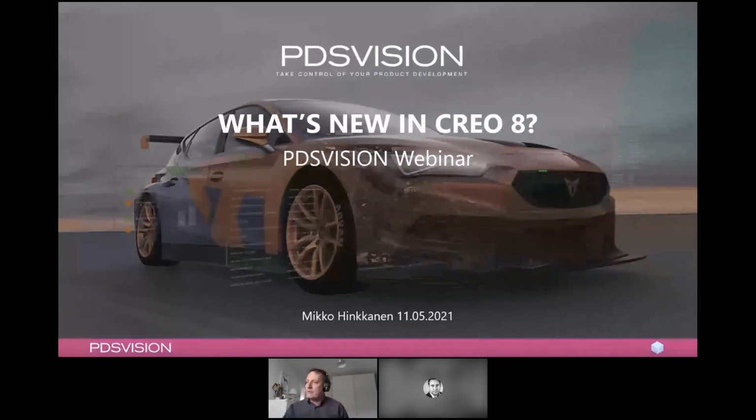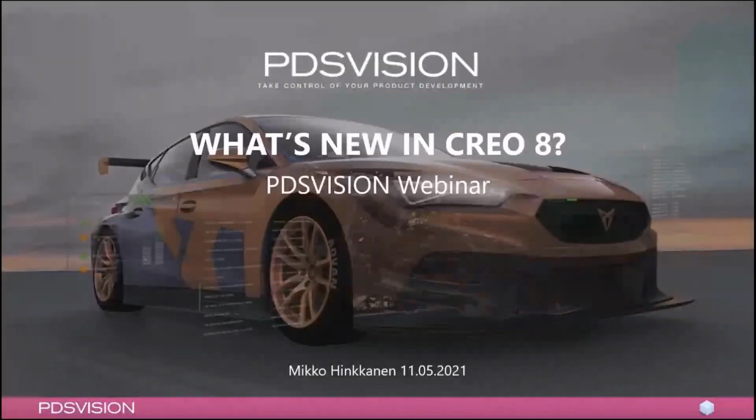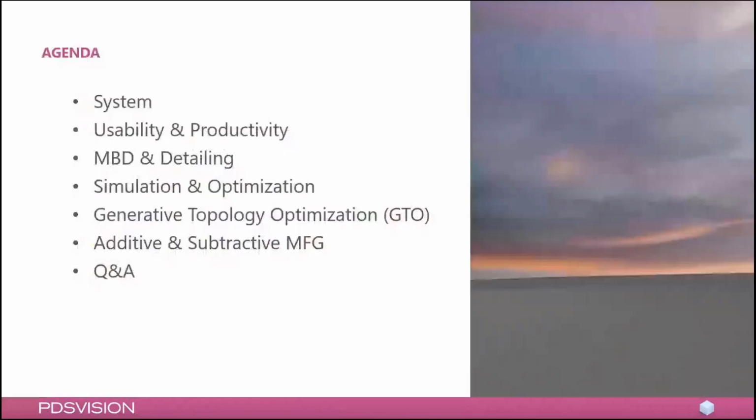But without further distractive comments, we go direct to the webinar, What's New in Creo 8. There is quite a lot of new substance in Creo 8, and our agenda is to go through the system enhancements first, then some general CAD usability and productivity enhancements. Then we have a bit of a deep dive with model-based definition and detailing.